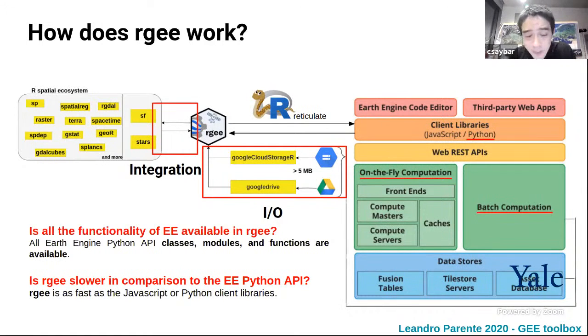So that is our principal work in rGEE: making everything smoother between the local objects and the server objects. We also worked a lot on the I/O, trying to make the download and upload of images and vectors even simpler between R, the local environment, and Google Earth Engine, the server environment.